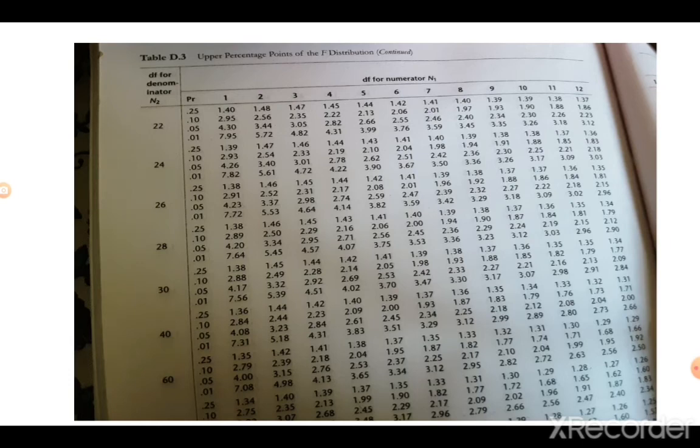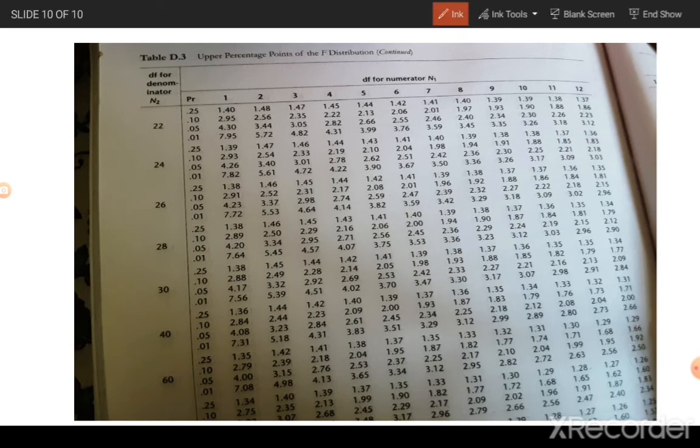This is from again Gujarati's appendix D, which has all the statistical tables. Okay, so just to show you how I look at it, on top is the degrees of freedom of the numerator, and here is the degrees of freedom of the denominator. Now numerator, my degree of freedom was 1, denominator, my degree of freedom was 28. Okay, so I'm assuming alpha is equal to 5%, which is 0.05, right?